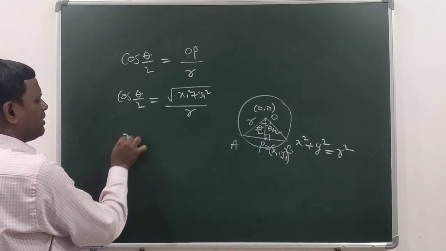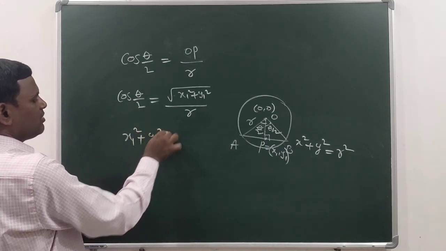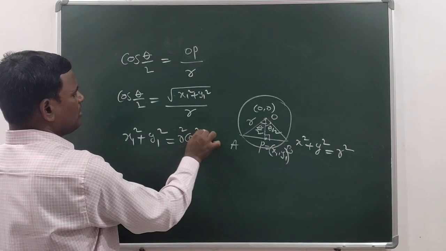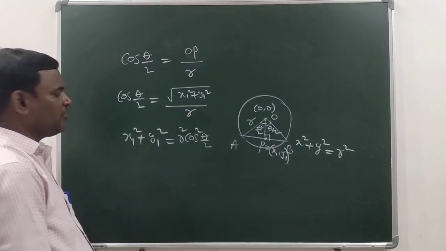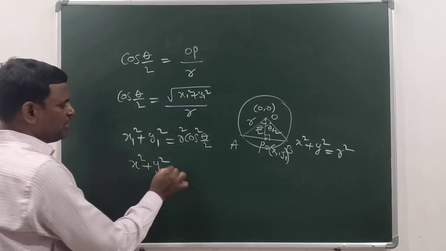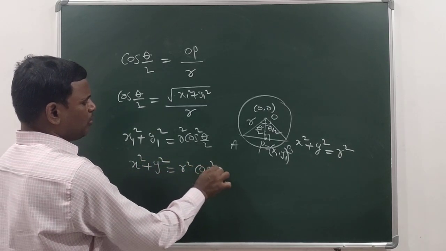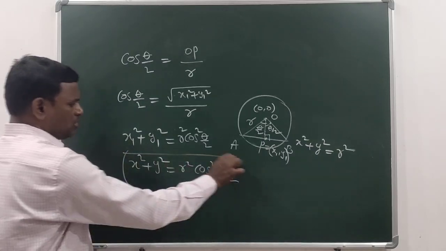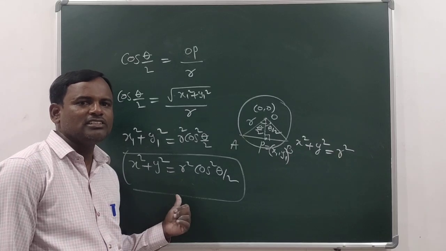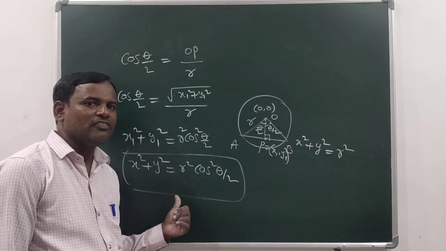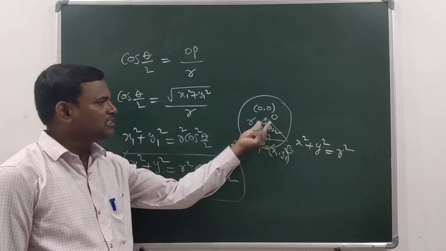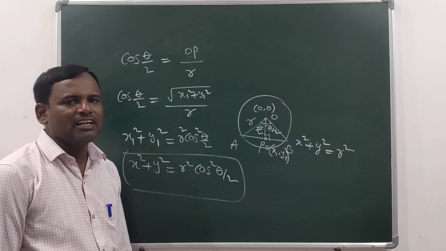Transfer this to the left side and square on both sides, so that you will get x1 square plus y1 square equal to R square into cos square theta by 2. In the final answer, replace x1, y1 by x, y. x square plus y square is equal to R square into cos square theta by 2. So this is our required locus equation. What is this? Equation of the locus of the midpoint of a chord of this circle, which makes theta angle at the center of the circle.